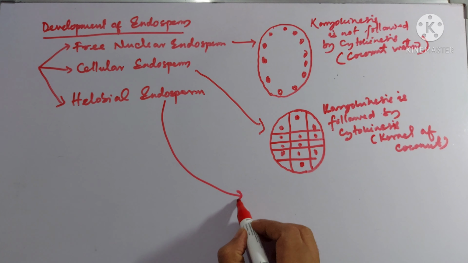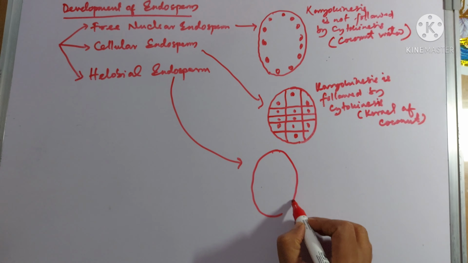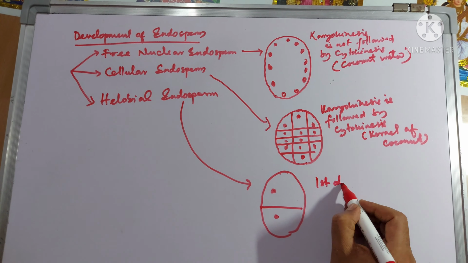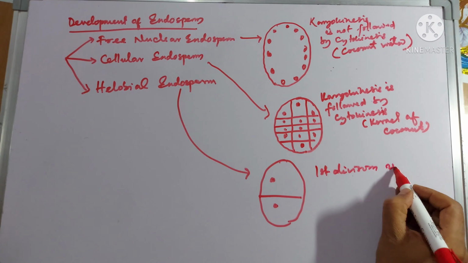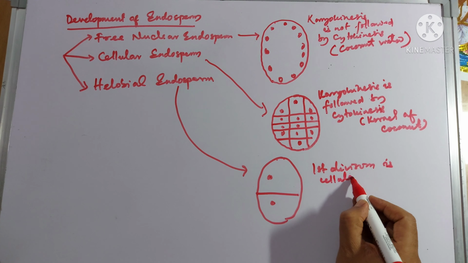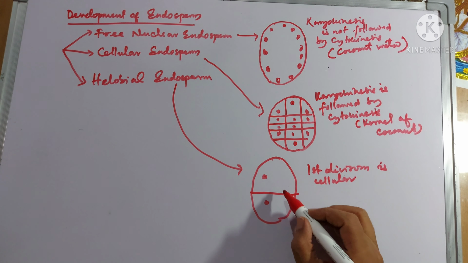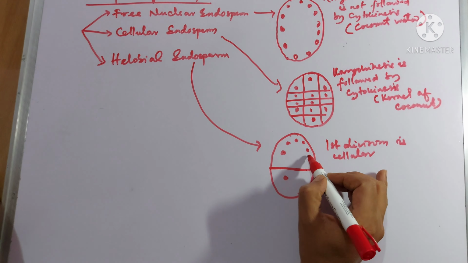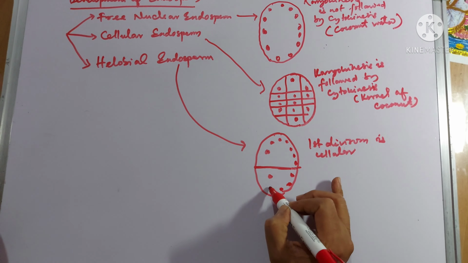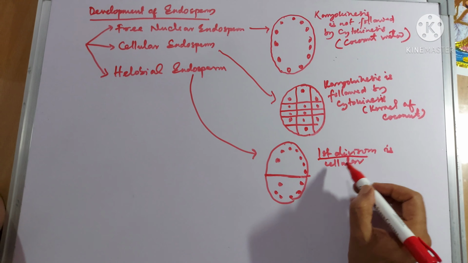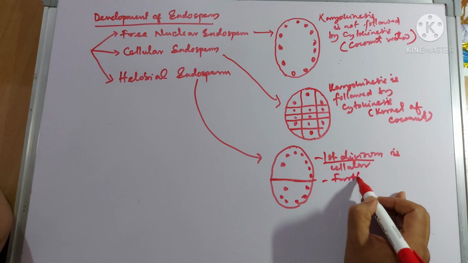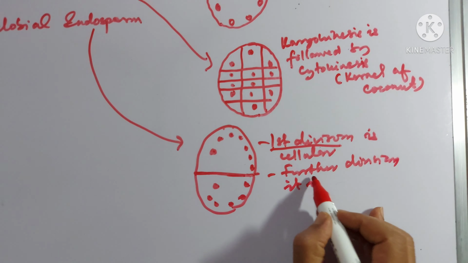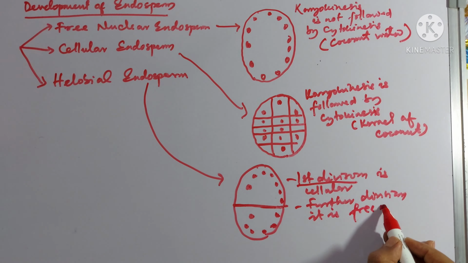In helobial type, what happens? First division is cellular, which means karyokinesis is followed by cytokinesis. The partition wall is formed, and in further divisions, it is free nuclear.